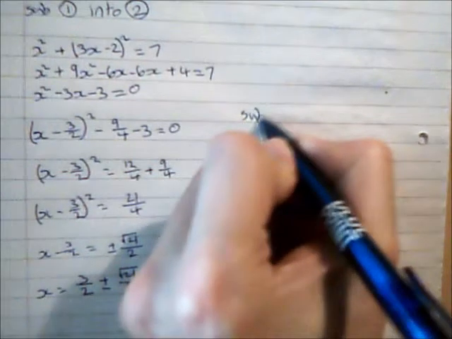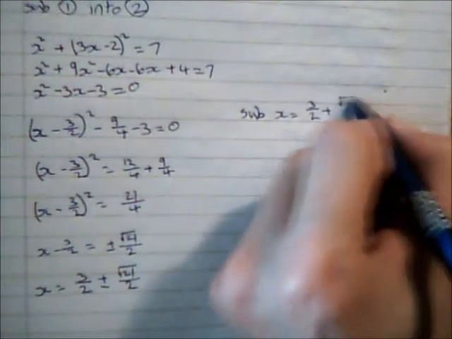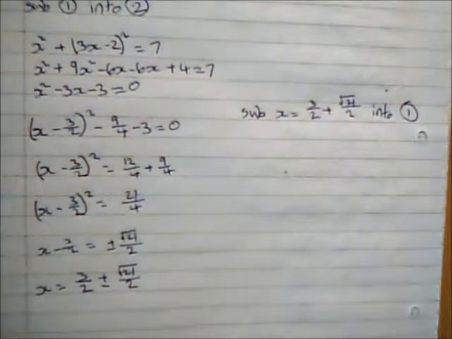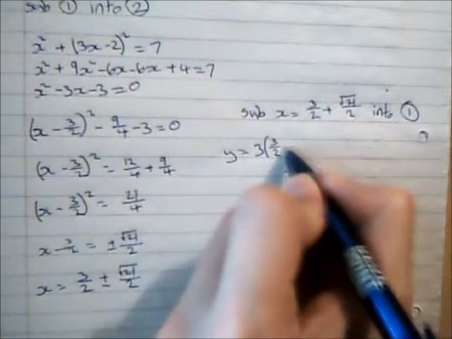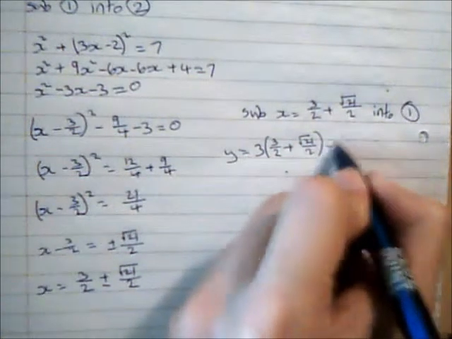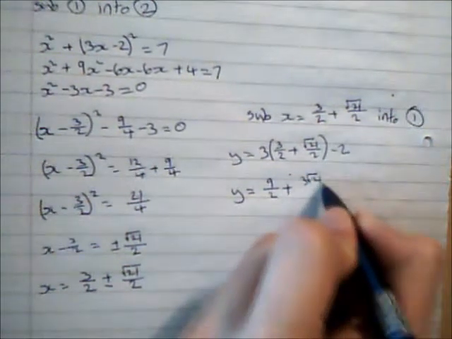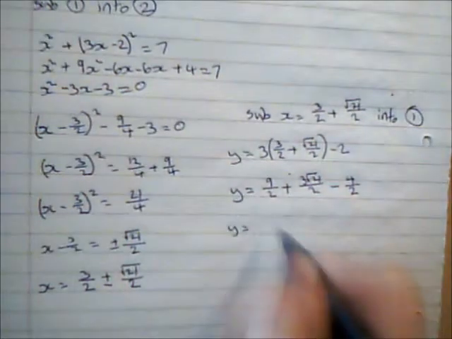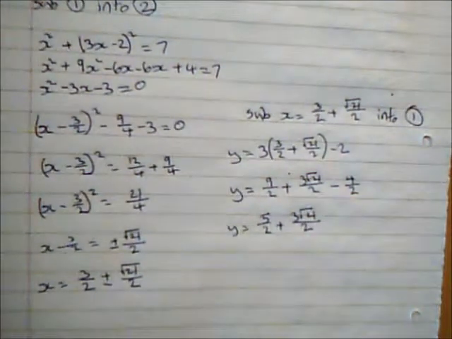So I'm going to sub x equals 3 over 2 plus root 21 over 2, and I'm going to substitute this into equation 1, and equation 1 was my rearranged linear equation. I'm going to rewrite 2 as 4 over 2 so then I can combine my fractions. And I've got my y coordinate.